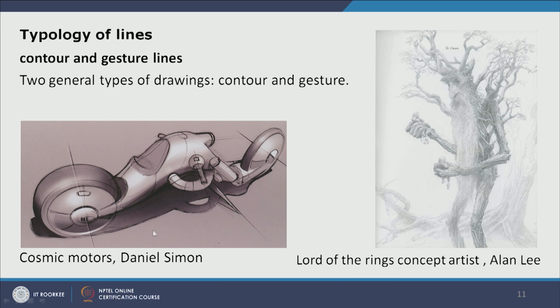On the left hand side, in Daniel Simon's automobile design, the lines, if you can see, are actually following the edge of a shape or form. So this is a contour line. It clearly defines the contour of the shape and form. But here in the concept design of Alan Lee, the concept artist of Lord of the Rings, in this character design, he doesn't create a line which follows the outer boundary of a shape.